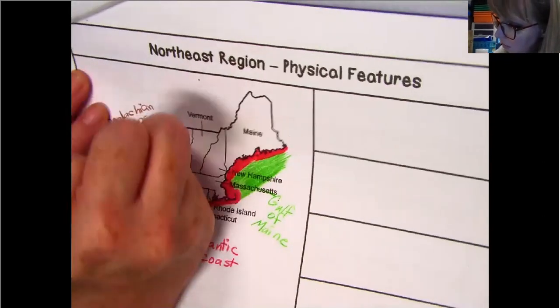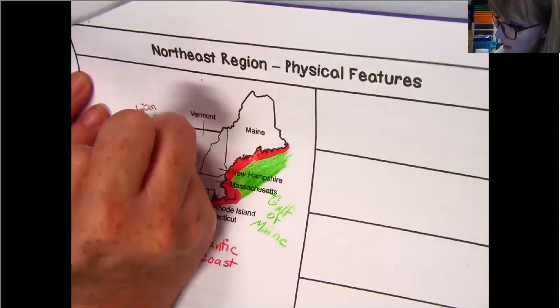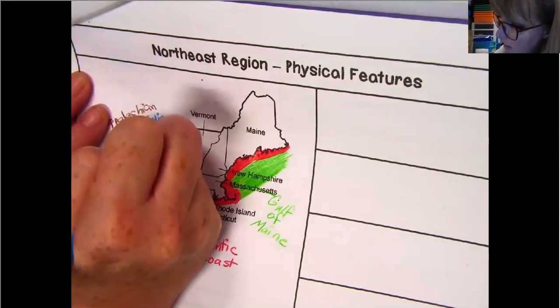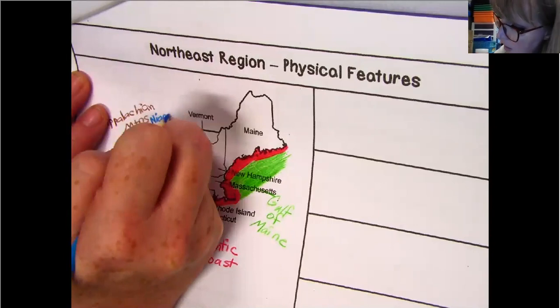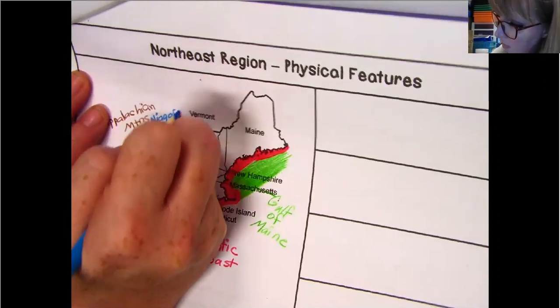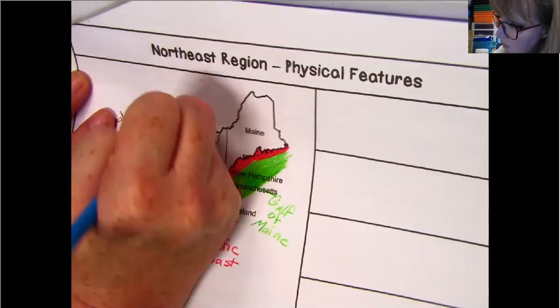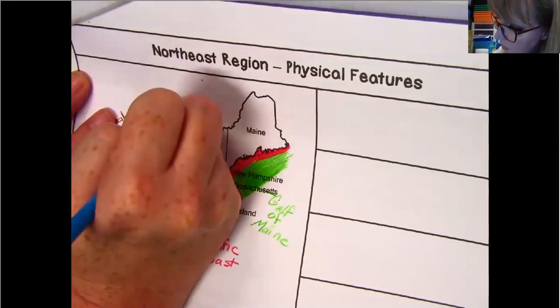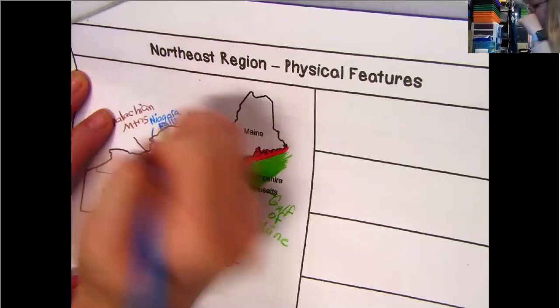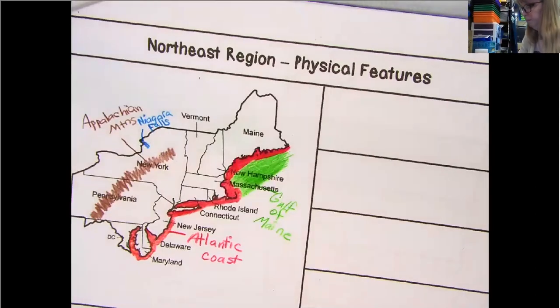Niagara Falls. Okay? Niagara Falls. All right, so you have Appalachian Mountains, Niagara Falls, Atlantic Coast, and Gulf of Maine so far.